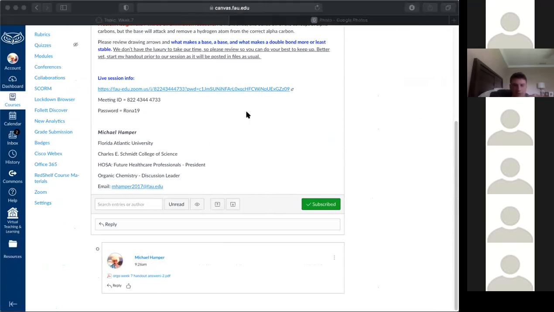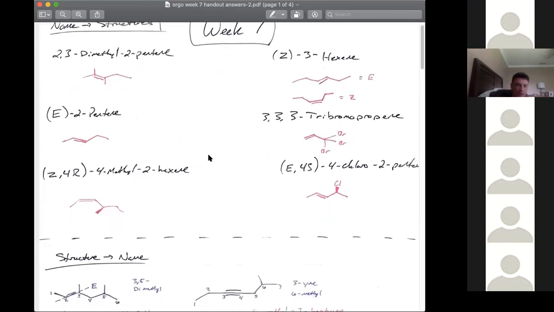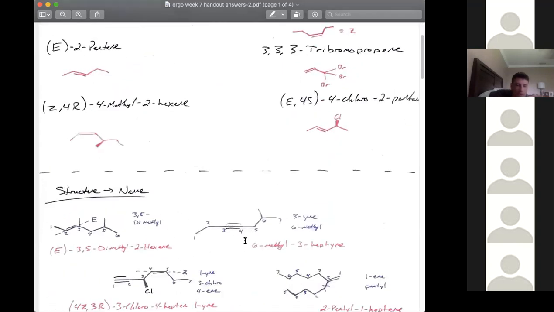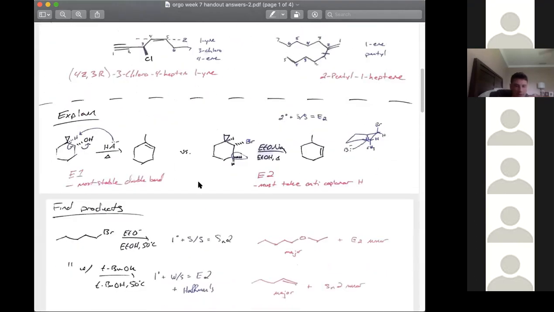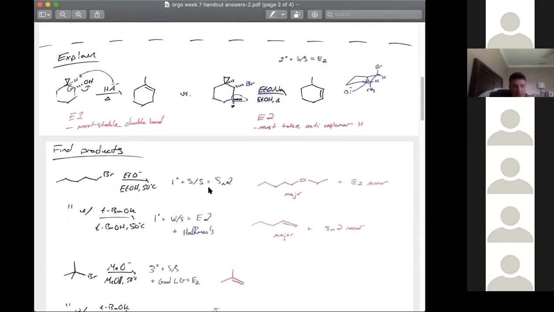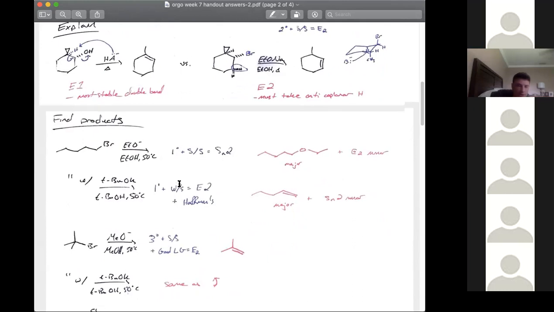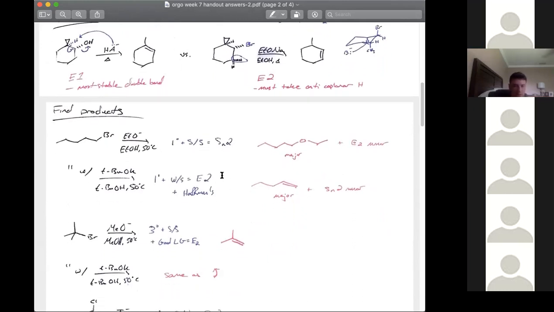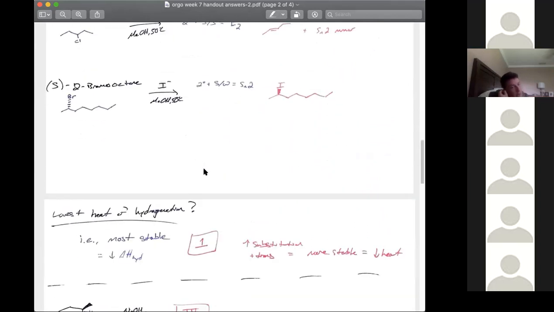So let me show you guys. Here's everything. So not only do I walk through how I named the structure, I gave the answer. All right, so here, again, most often I put the answers in red, but in blue, I try to explain how I got there. So primary, strong gives you SN2, primary, weak, SN2, so things like that. So I walk through all the problems that I have on that handout.